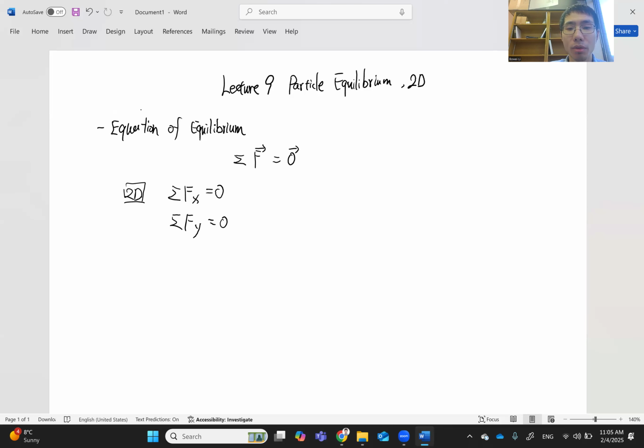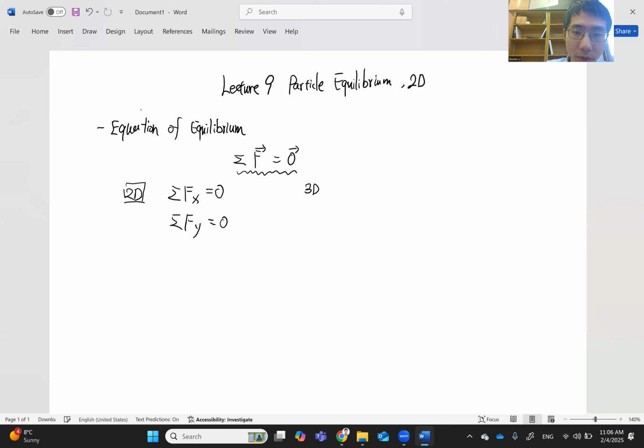So it is equivalent to the resultant force equaling zero, right? It is exactly what the original vector summation implies here.